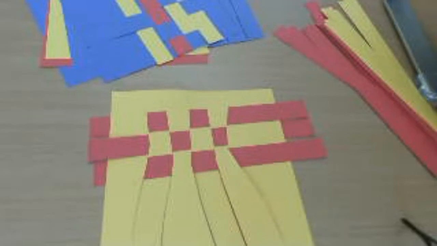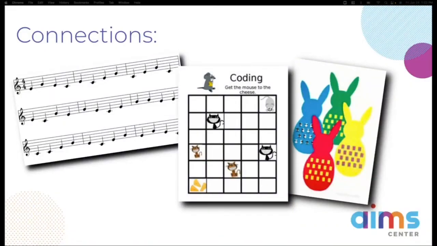I'm going to share another slide here and just think about some of the connections that can be made. If we think about the grid of the weave with the warp and the weft, it's not too dissimilar from musical notation, or at least what we would call traditional Western music notation.